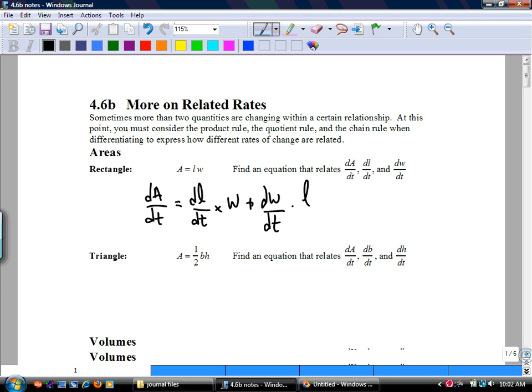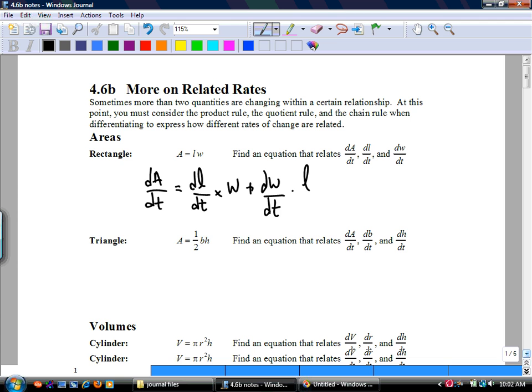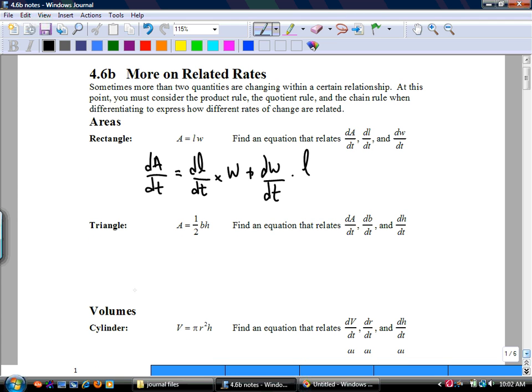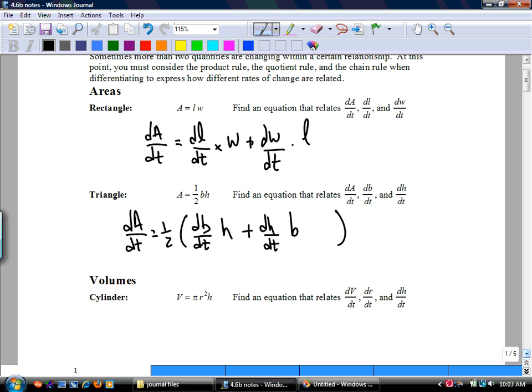Okay, what about the area of a triangle? Okay, what about a cylinder if I allow the sides of the cylinder to change?